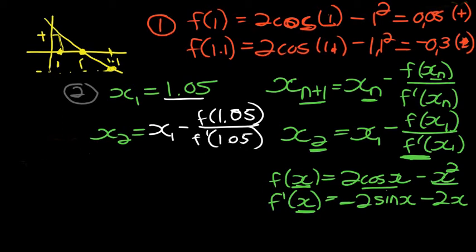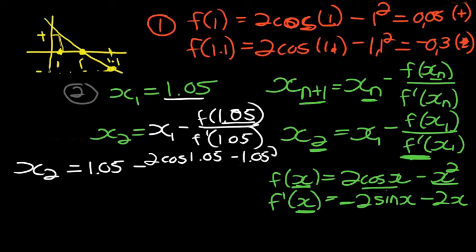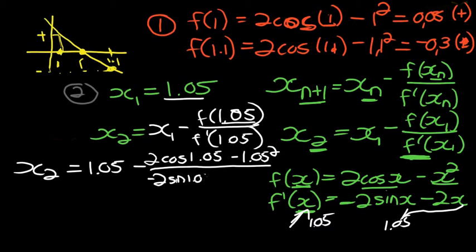So you'll have 2 cos 1.05 minus 1.05 squared, divided by negative 2 sine 1.05 minus 2 times 1.05.